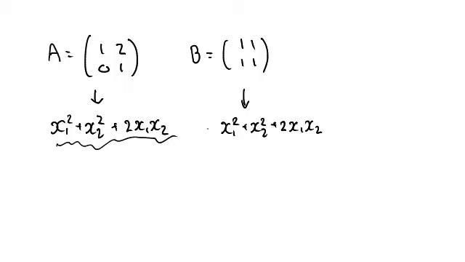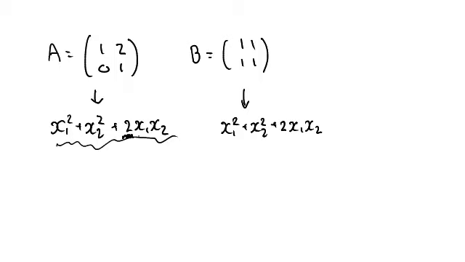Fortunately, there is a standard choice that is almost always made, and that is to take this coefficient in front of the cross term, 2 in this case, and divide it equally between the off-diagonal terms.